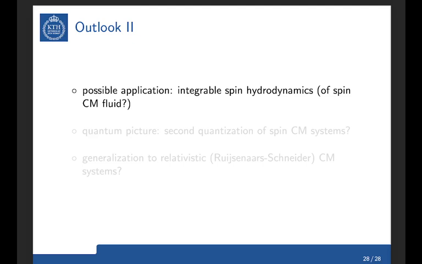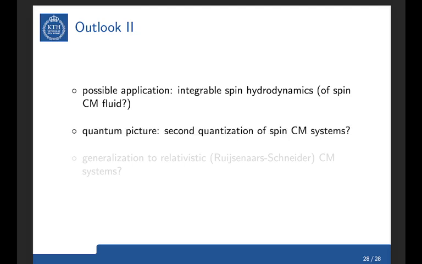As for future work, we are hopeful that the spin Benjamin-Ono equation could provide a kind of prototype of integrable spin hydrodynamics. So it involves coupling of spin and density degrees of freedom, and we're not aware of integrable models with this feature. It would be interesting to explore this further and try to relate this to a spin CM fluid, so seeing if this could be realized as a continuum limit of a spin CM system.